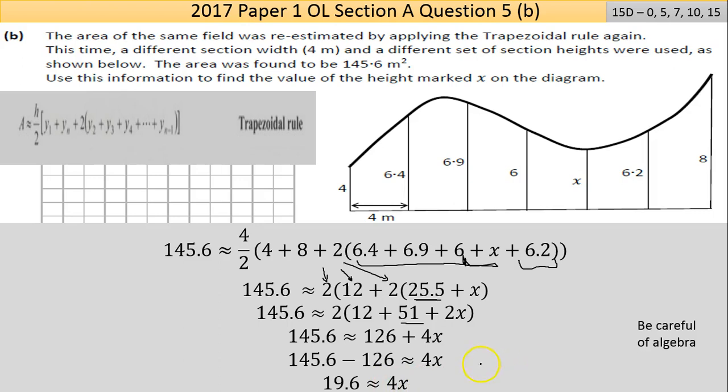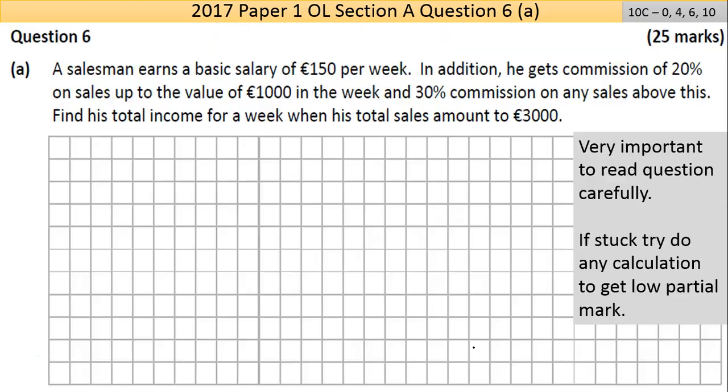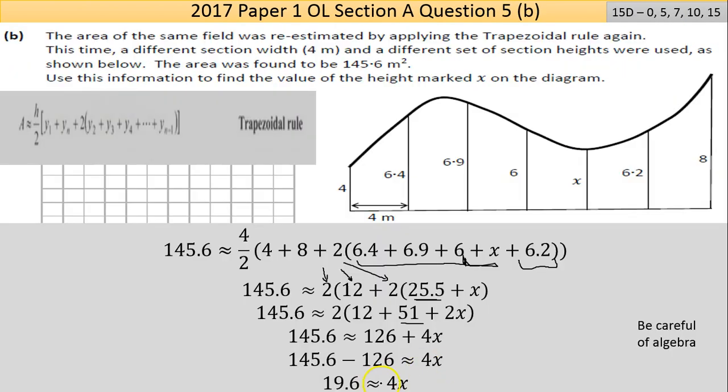Now I haven't gone to the answer for some reason. Maybe it's just off the page. So if I bring the 4 across, I'm going to end up with 19.6 divided by 4. The 4 was multiplied on the right, so when it comes across the approximation, it becomes the opposite of being divided. And that's equal to your x.